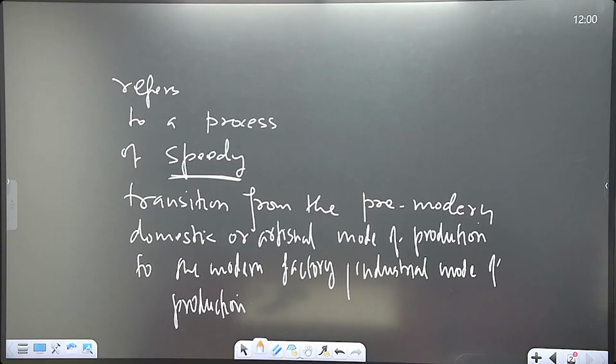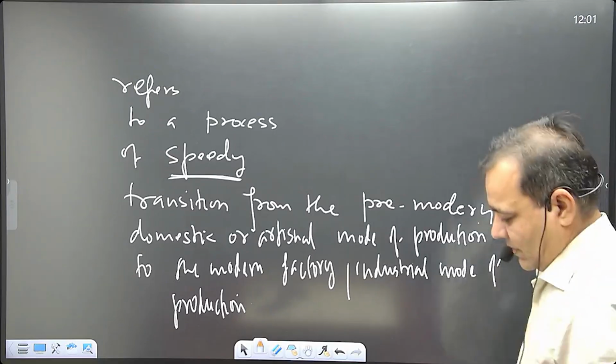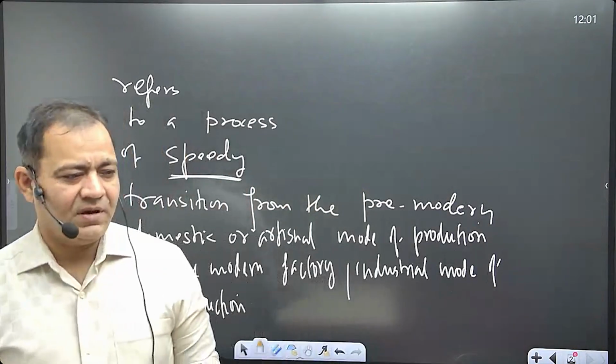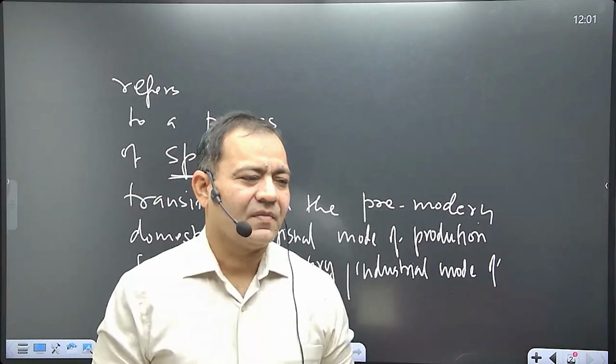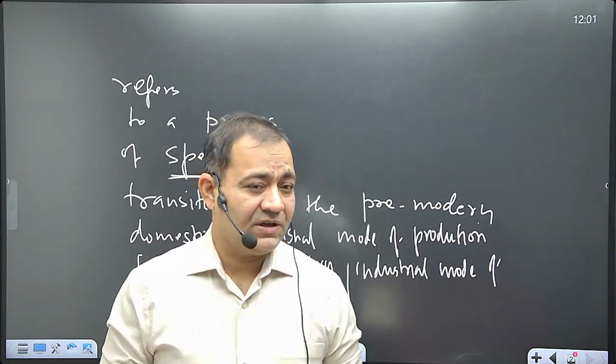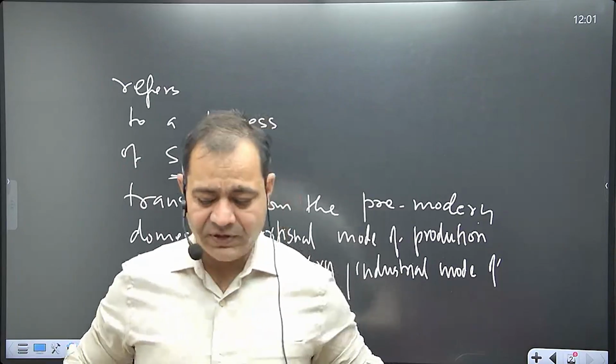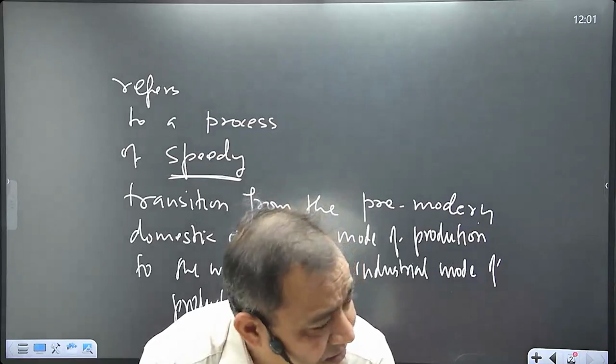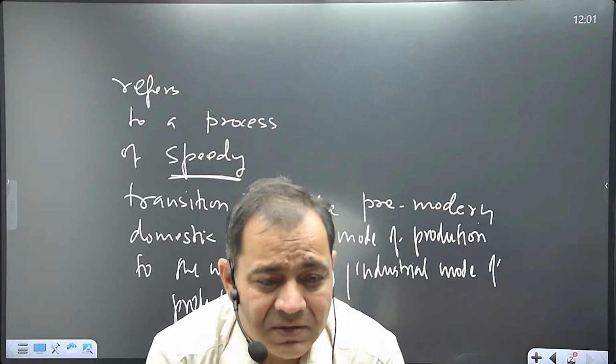Clear? Right. In the first half of the 19th century, we find the spread of the industrial revolution in the countries of Western Europe, like Netherlands.